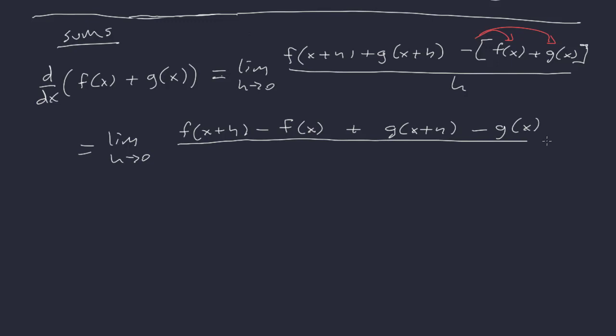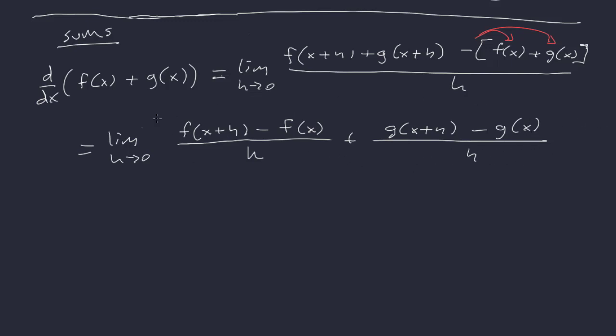And this is going to be all over h, which we can actually split up this fraction and have it like this: the f of x plus h minus f of x all over h, and g of x plus h minus g of x all over h.